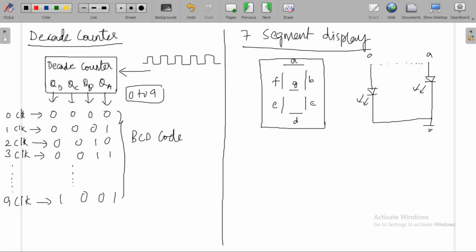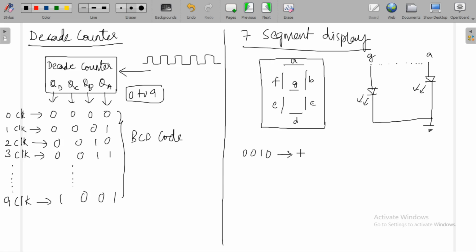A to G. Okay, 7 LEDs. You're going to have 7 LEDs. If you want to display 2, then this decade counter will produce 0010.